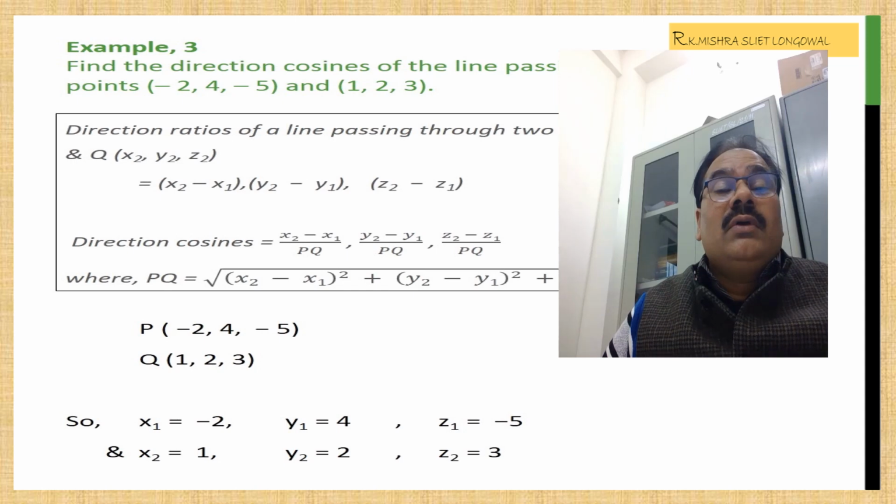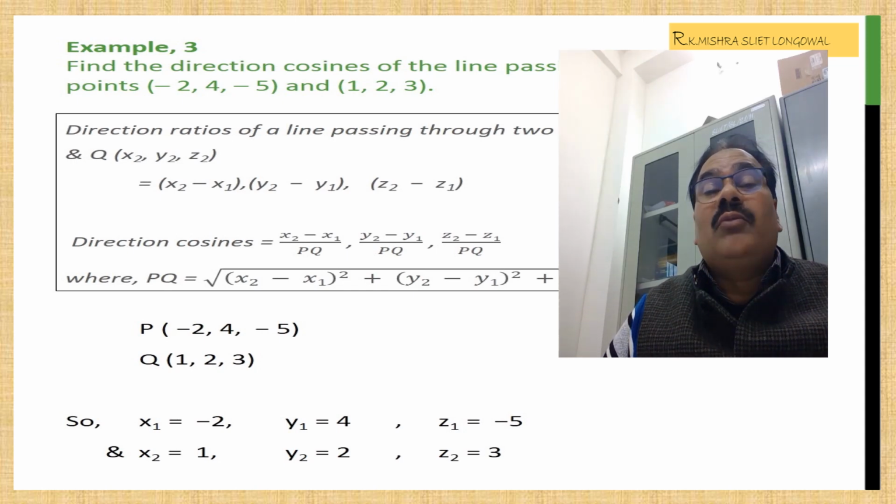For example, find the direction cosines of the line passing through the two points minus 2, 4, minus 5 and 1, 2, 3, using this formula. We know the direction ratios are x2 minus x1, y2 minus y1, z2 minus z1, and direction cosines may be defined as x2 minus x1 by PQ, y2 minus y1 by PQ, and z2 minus z1 by PQ, where PQ you can calculate.